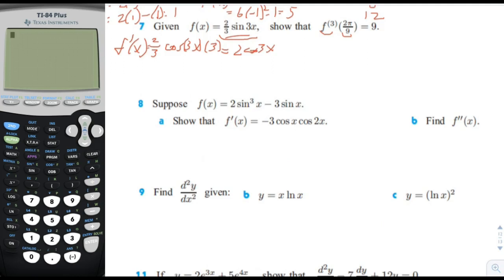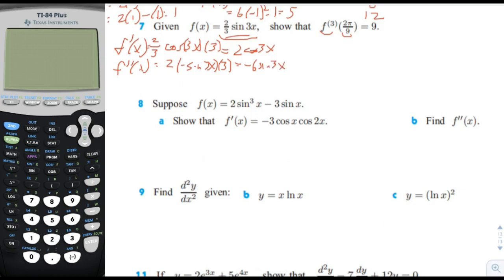If I take the second derivative of that, then I'm going to take the derivative of cosine, which gives me negative sine of something, and I leave the inside, so I'm going to get negative sine 3x, and then the chain rule, the 3 comes out. So then I end up with negative 6 sine 3x.